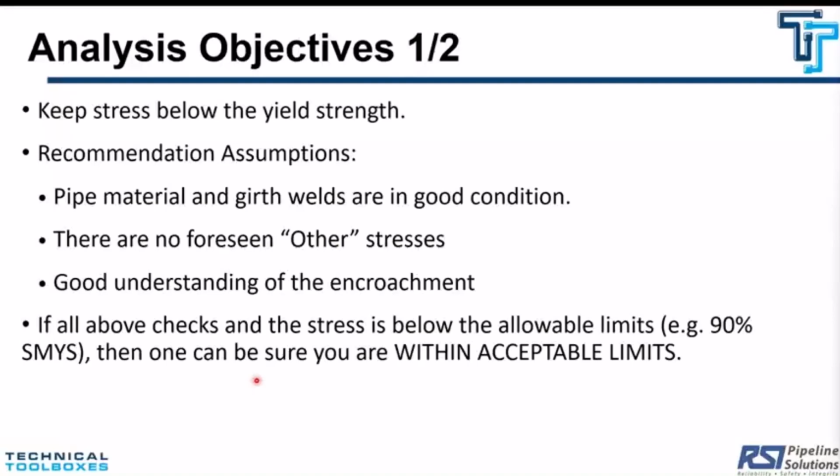Another understanding is that whoever is running the analysis has a good understanding of encroachment problems, both in terms of theoretical understanding of what is going on and how we do the calculations, and also understanding of that particular location for which the analysis is being performed.